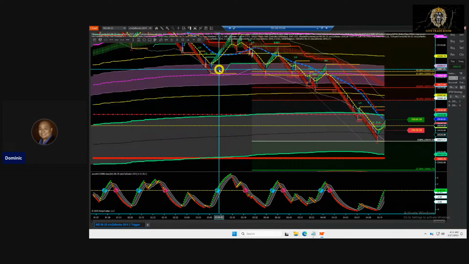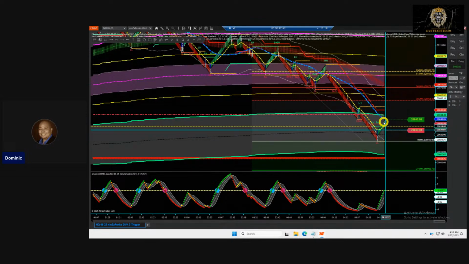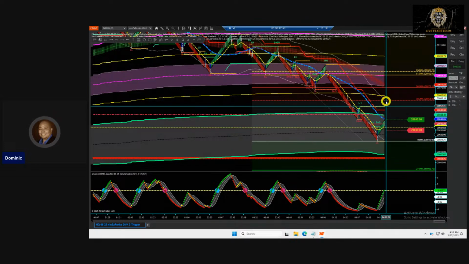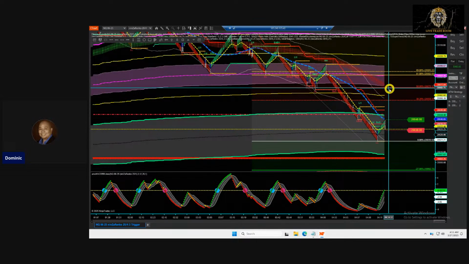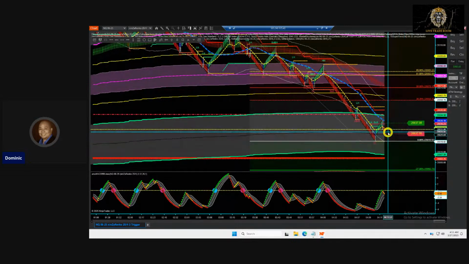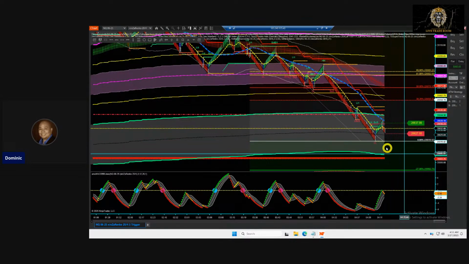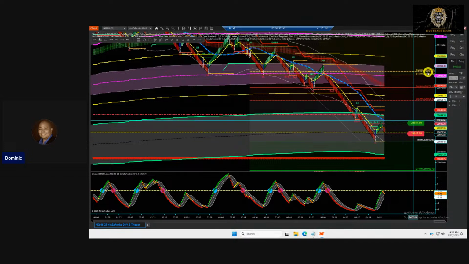Yeah. So there. See, now it pulls back to there, where an adequate pullback will actually be up here or somewhere here with the 233. Now this again may come down. We don't know. Let's see what happens.